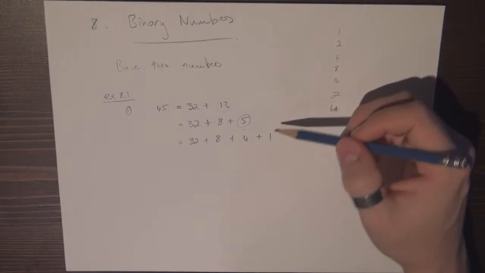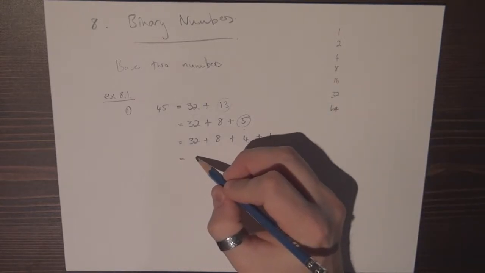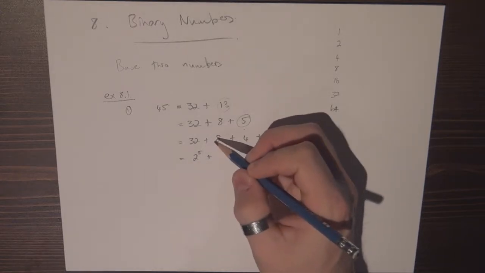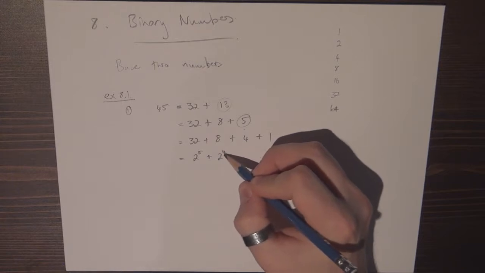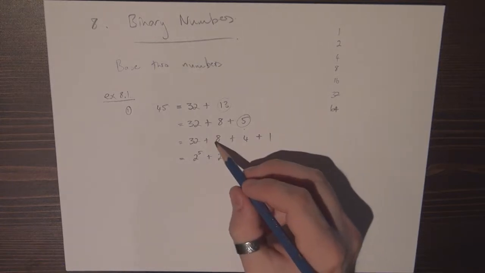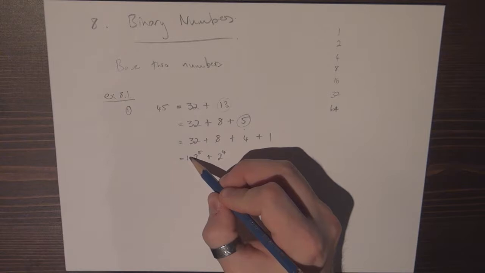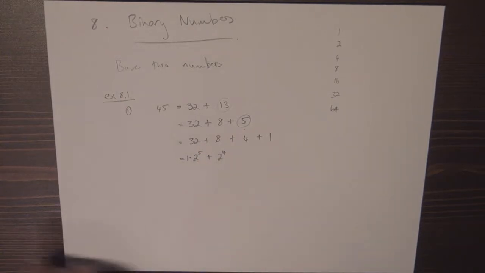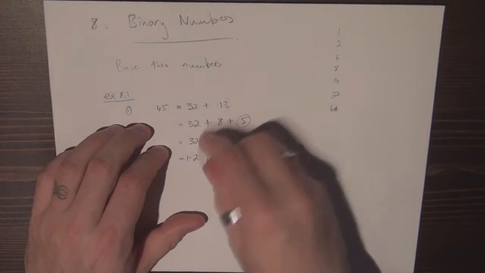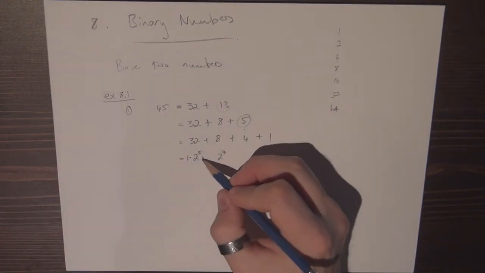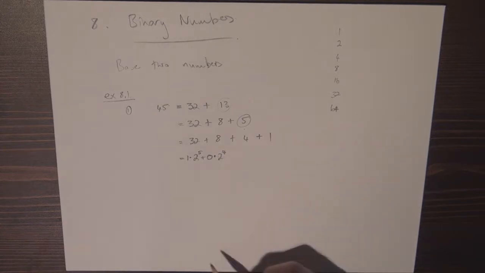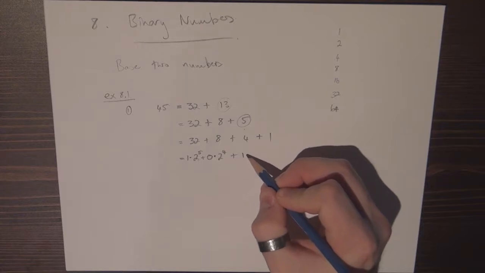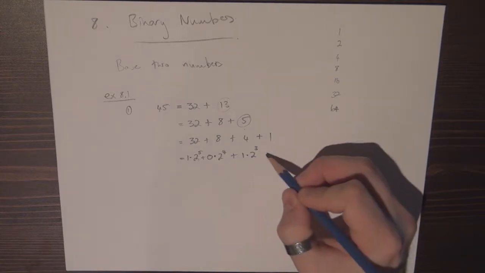Now, to be a little bit more precise here, we are going to say 2 to the 5 and not skip any. 2 to the 4 is 16, but it's not there. So I need to say I have one group of 32, 2 to the 5, plus 0 groups of 2 to the 4 because there aren't any. I do want an 8, and an 8 is 2 cubed.